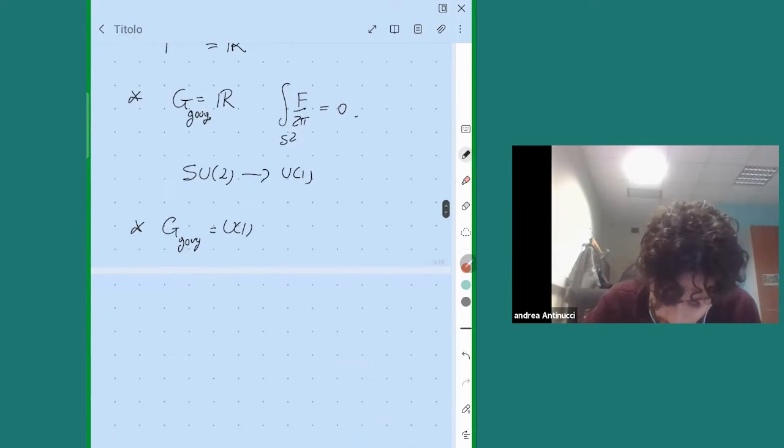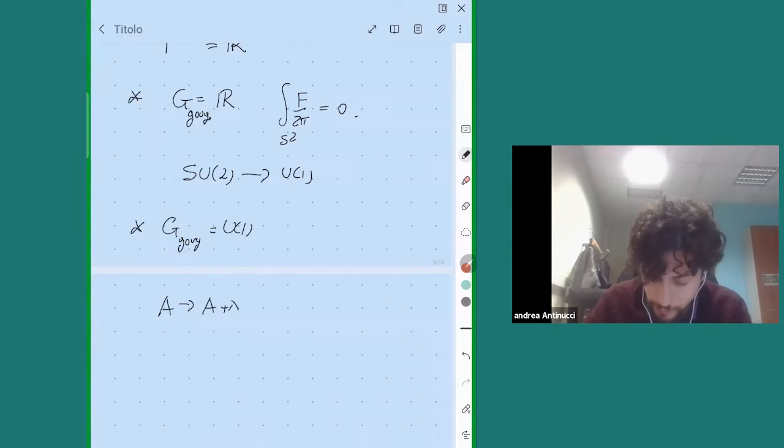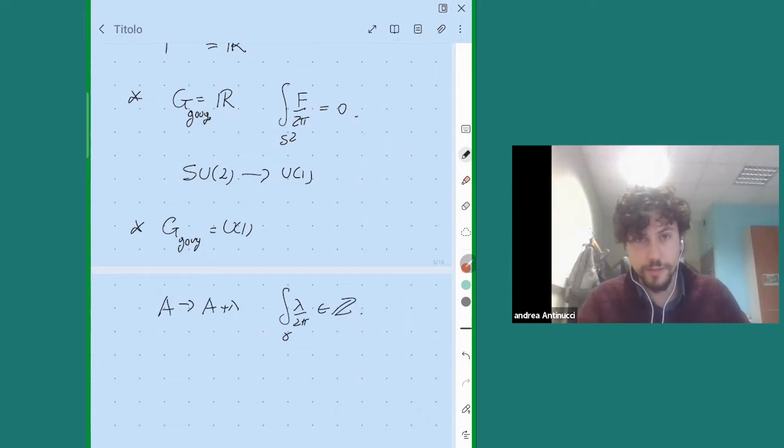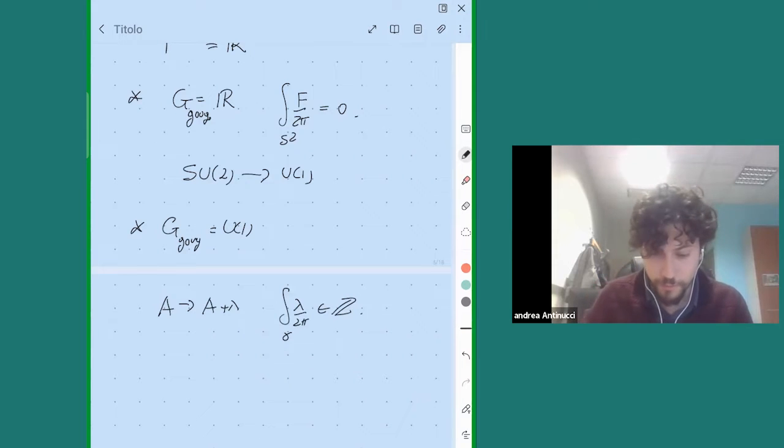So this means that you have to mod out by transformations of this sort, if the integral of lambda over 2 pi on any curve is an integer. So these are not global symmetries. I'm declaring that these are gauge symmetries, these are gauge invariances. And therefore, my good operators must be invariant under this transformation.